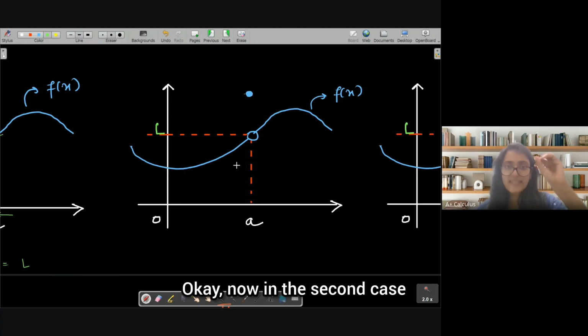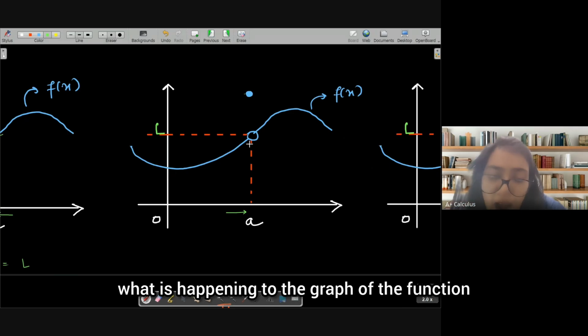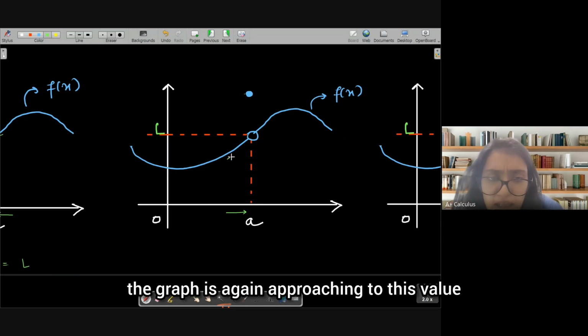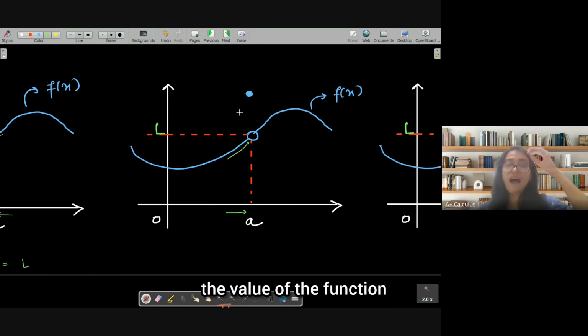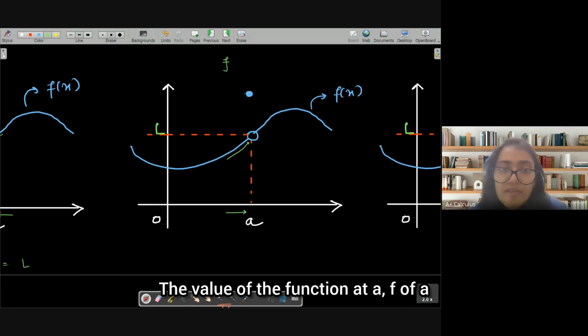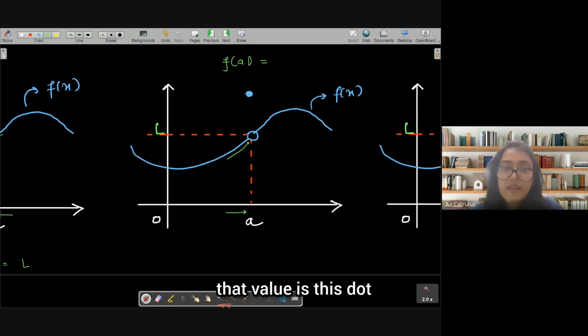Now in the second case, what is happening? As x is approaching a, what is happening to the graph of the function? When we are approaching a from the left side, the graph is again approaching this value, which is again L. The value of the function at a is a different thing. The value of the function at a, f of a, when x is exactly equal to a, is this dot.